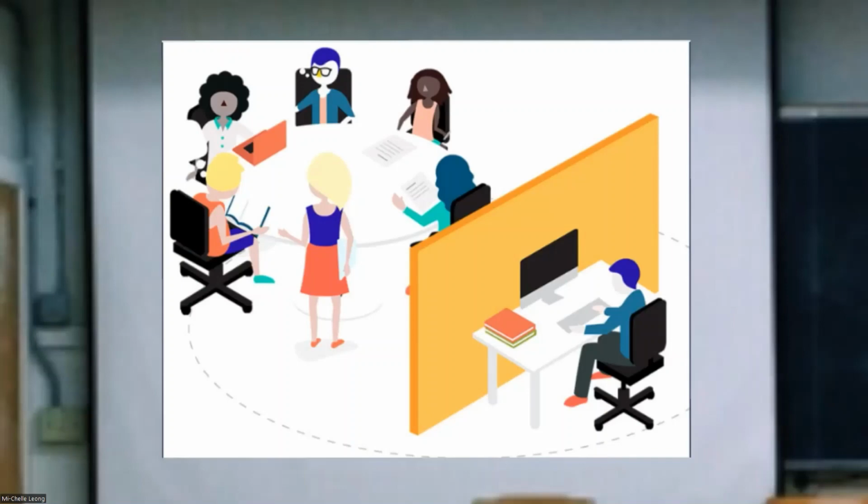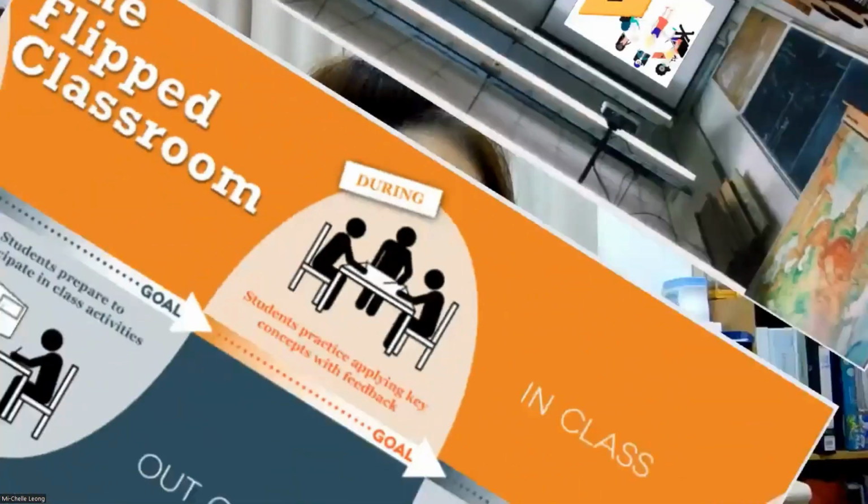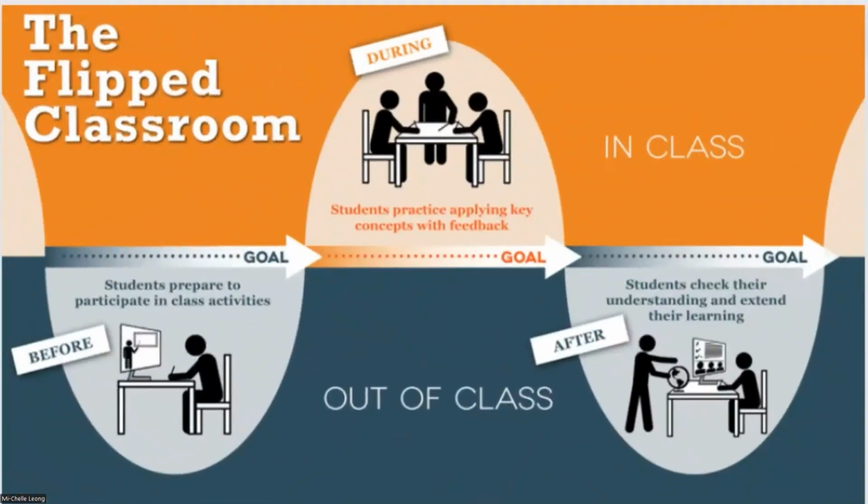Instead of doing that, now the flipped classroom method is students will do the content learning at home on their own, and with that knowledge acquired, they come to class, they will use their knowledge to do the discussion in the classroom with the lecturer's presence, so that he or she can facilitate the discussion and help the students to learn. So the flipped classroom method is like this.